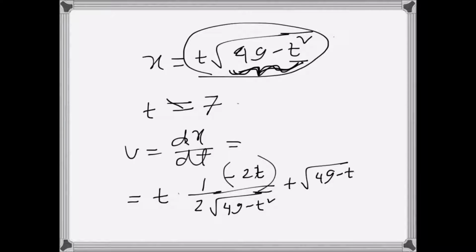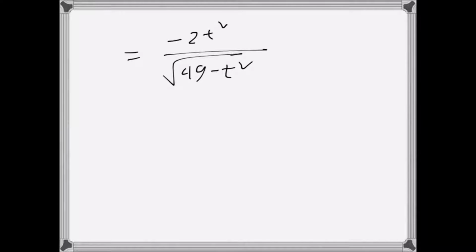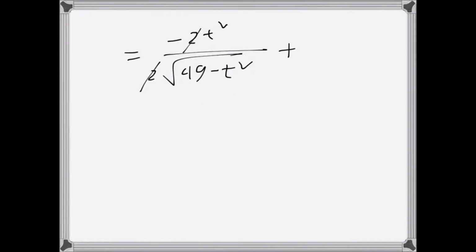If I differentiate the t there, that's just 1, so it is now becoming minus 2t squared, and 49 minus t squared. These two, there is also a 2, so they get cancelled, so then plus 49 minus t squared.